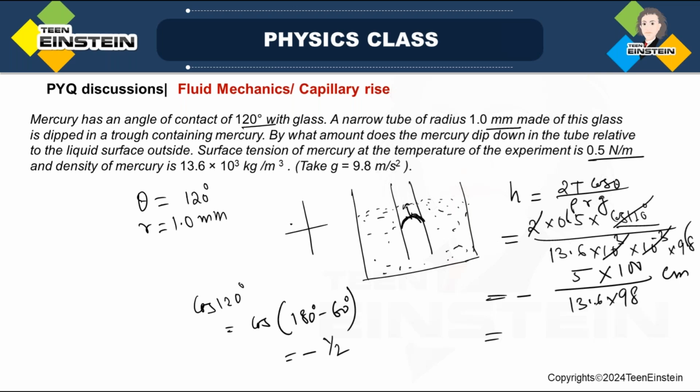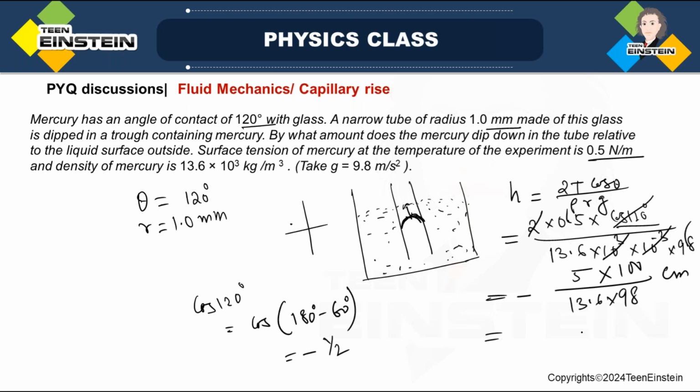Better to not do that much crude approximation. Let me calculate it. So now 500 divided by 13.6 into 9.8.